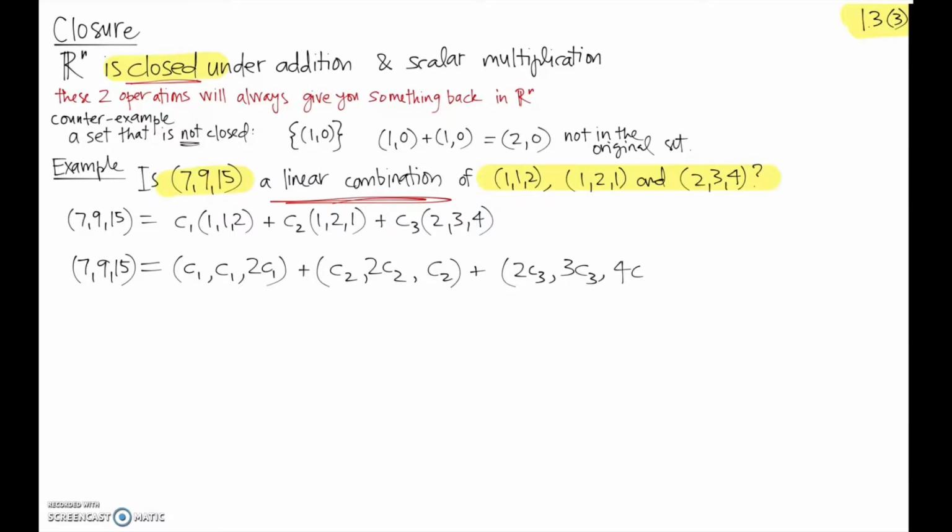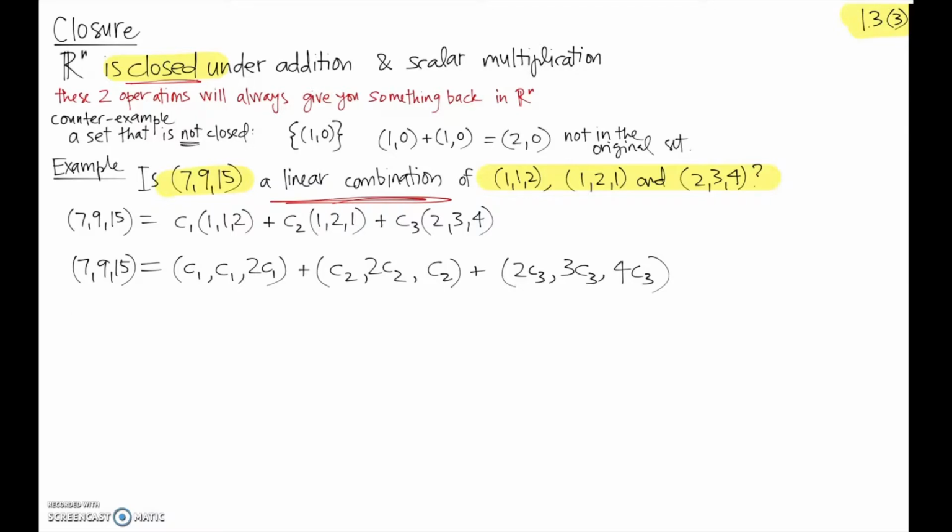I just multiplied those constants into each of those vectors. Things are starting to look a little clearer because I can actually take these 3 vectors and add them together, and I'll just get one nice ordered triplet. So let's do that next.